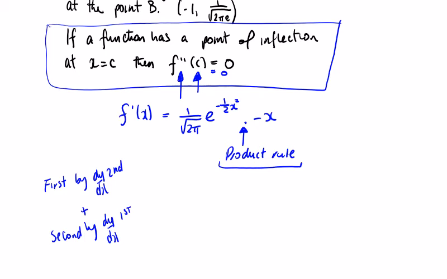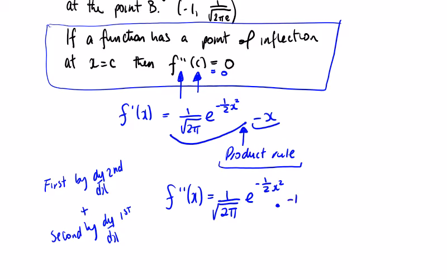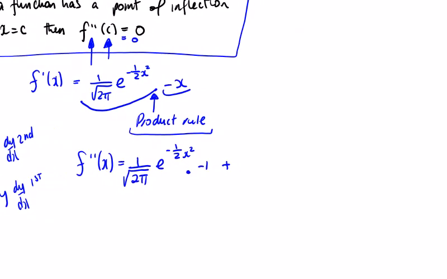So the first is from here to here. So f prime prime x is equal to 1 over the square root of 2 pi times e to the power of minus a half x squared, and then we multiply by the differentiated second, which is, if we differentiate minus x, we're going to get minus 1. Then we're going to add the second by the differentiated first.